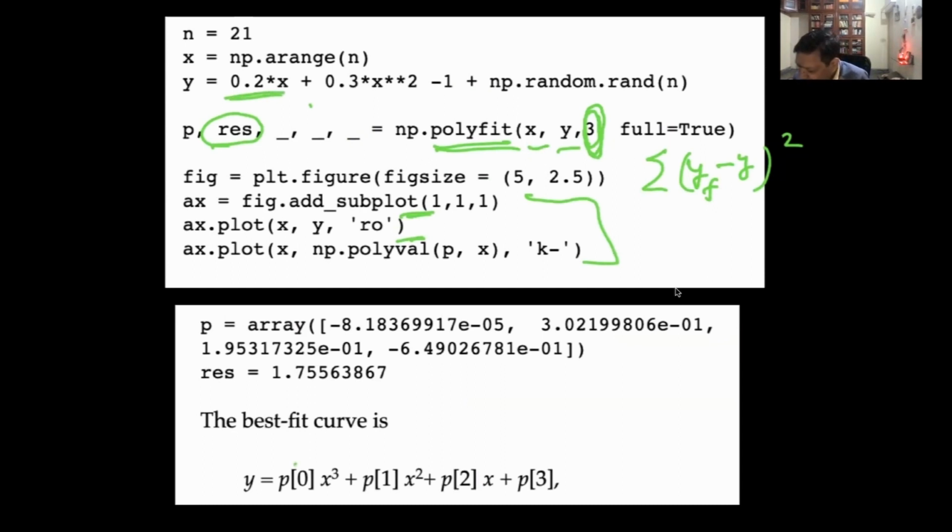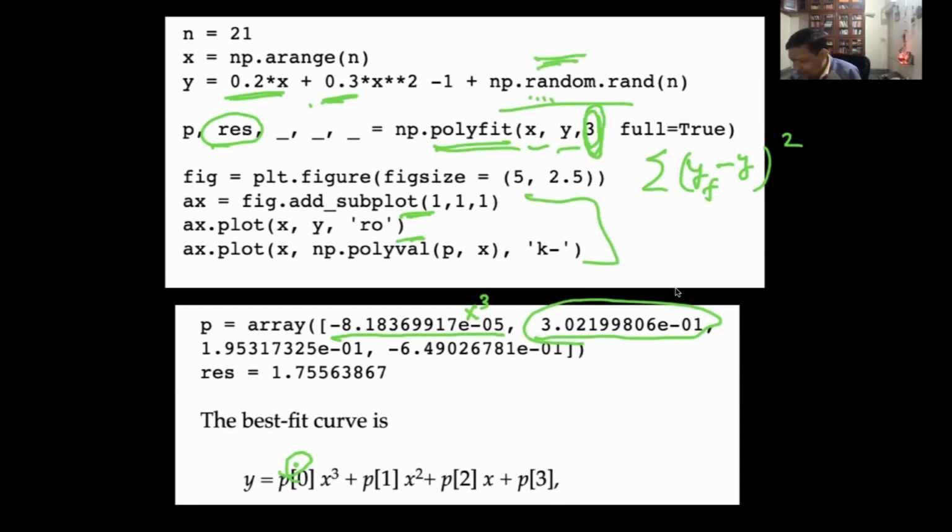The x cube coefficient is p0, which is small, 10 power minus 5. Coefficient of x squared is 0.302, here it is 0.3. So it's close to the guess because my random number is a tiny random number. It has spread only up to 1.